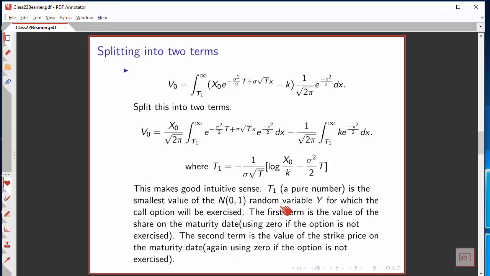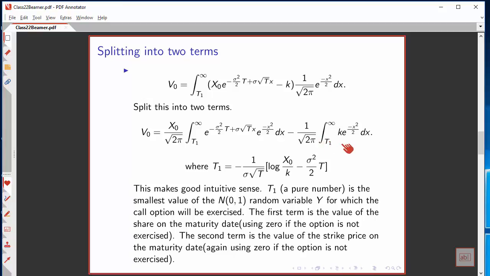The first term says calculate the expectation of the evolved share price, but only over values for which the option is in the money. That would actually be the value of a contract that gave you one share of the stock, but only if the value of the stock you got exceeded a specified strike price.